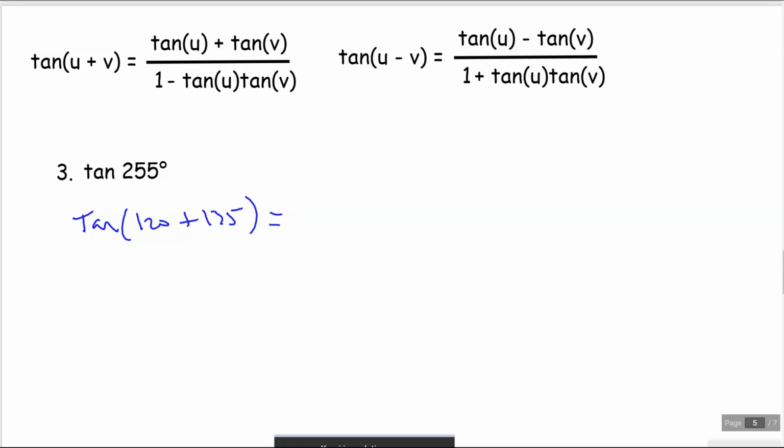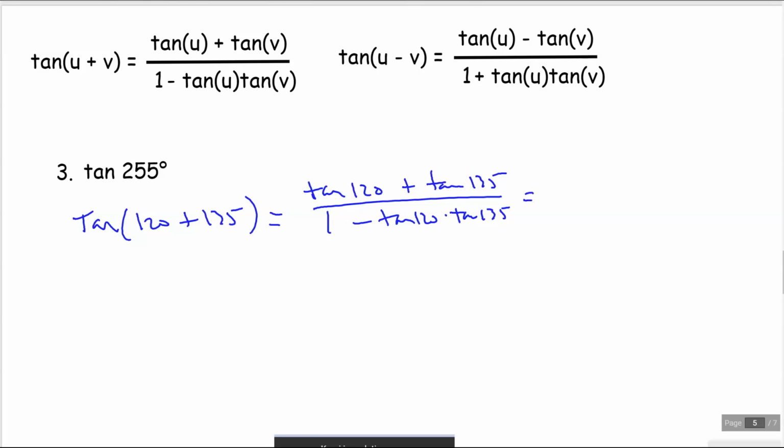All right, so we're going to use the first formula, tan 120 plus tan 135 all over 1 minus tan 120 times tan 135.